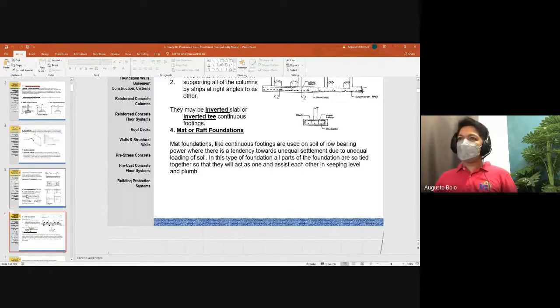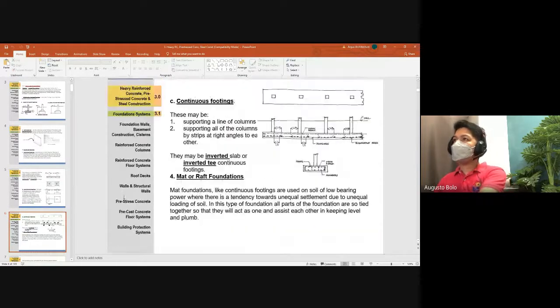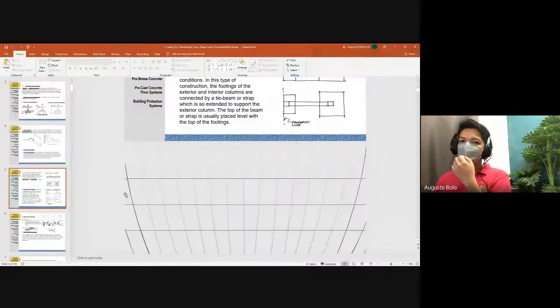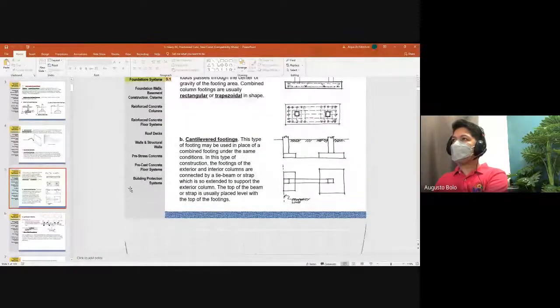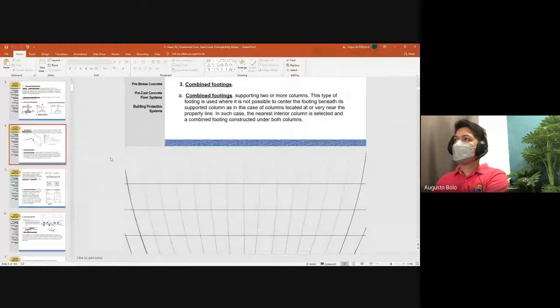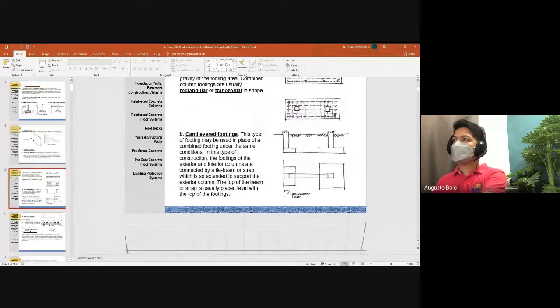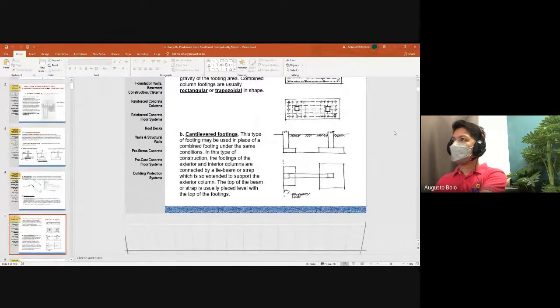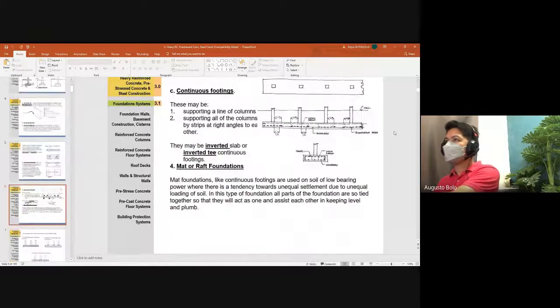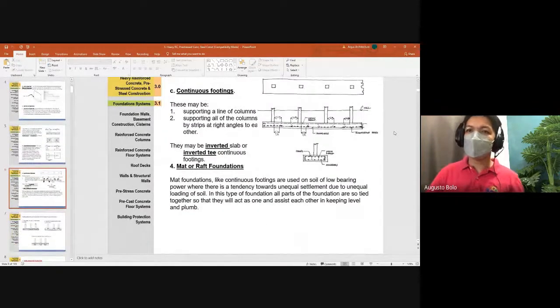From cantilever, we have the continuous footing. Ang continuous footing, on the other hand, where are we? Sorry. Continuous footing.